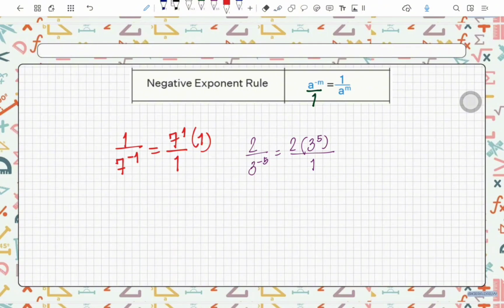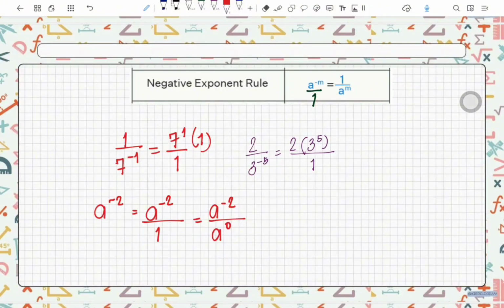The explanation here is that, for example, a to the power of negative 2 is similar to a to the power of negative 2 over 1. And going back to the previous rule that any power of 0 is equal to 1, we can write it as a to the power of negative 2 over a to the power 0.